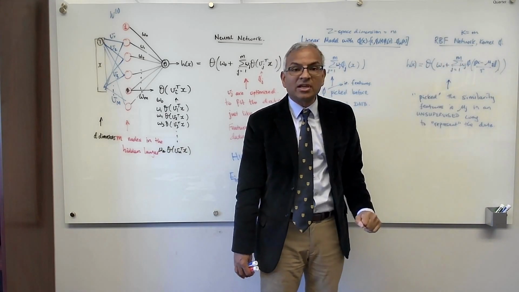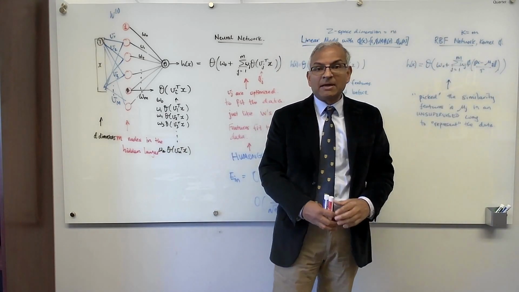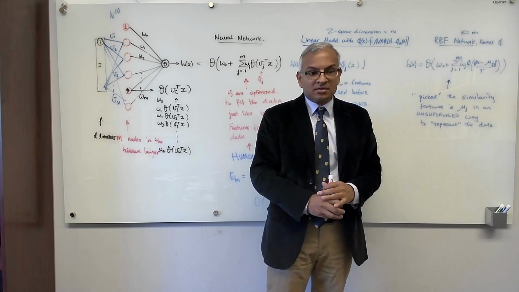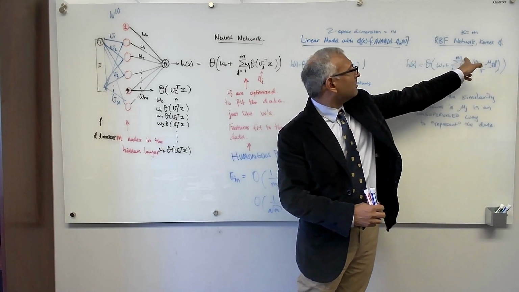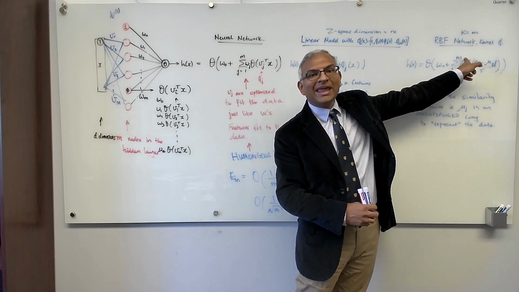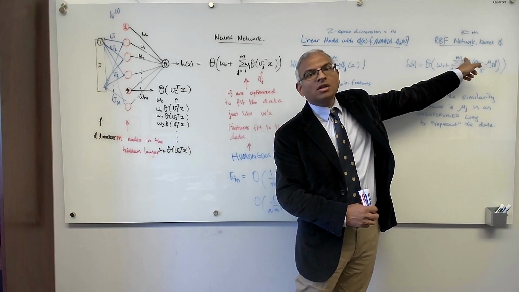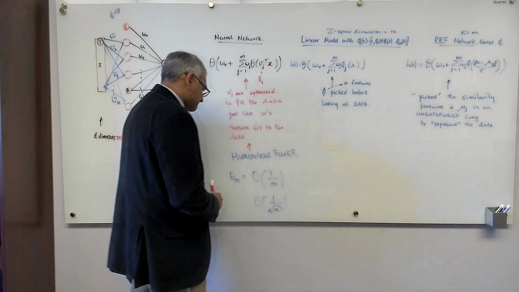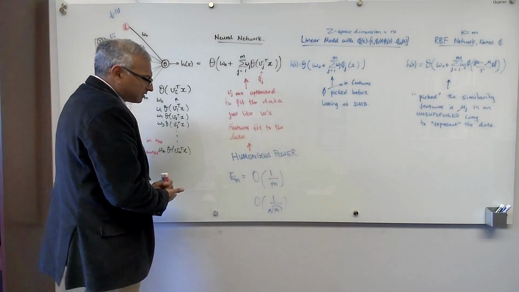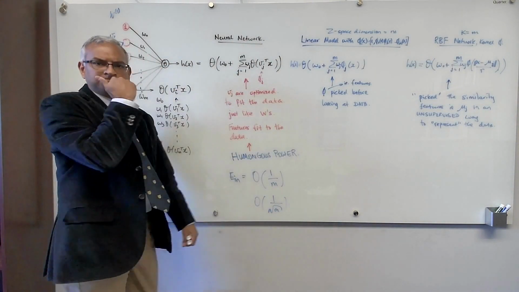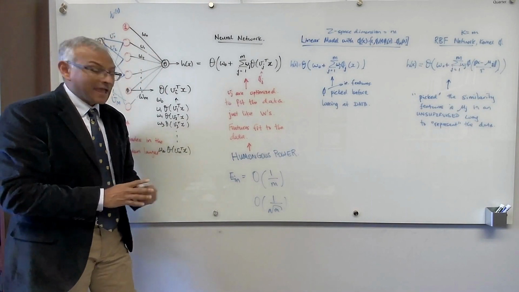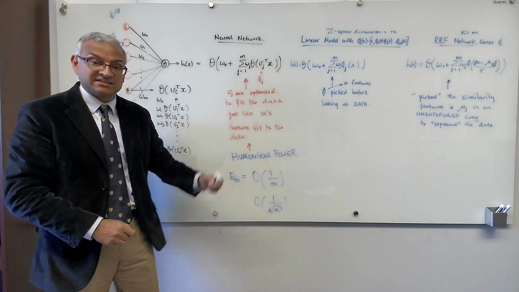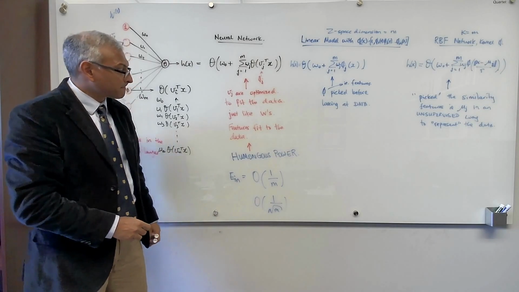Even if you give me lots of x values, I may not be able to fit the data with similarity features unless you give me m approximately equal to n or root n centers. A similar result is going on here. If you give me m large enough, I can fit the data, no matter how large the data size gets.